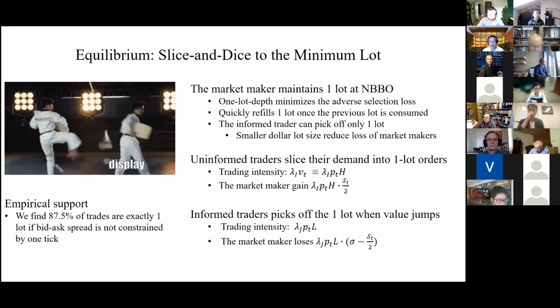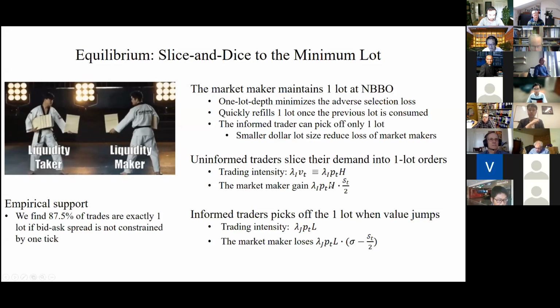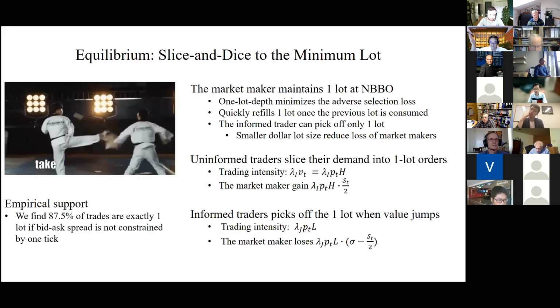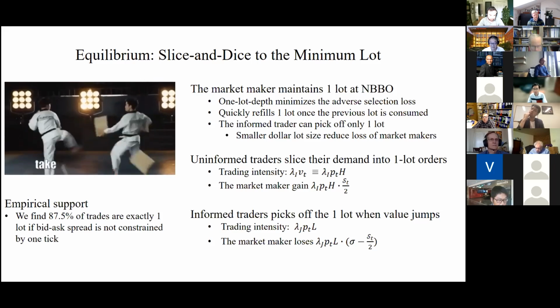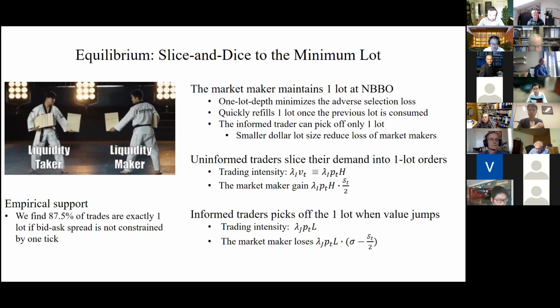When an uninformed trader arrives, the market maker is happy because the market maker makes money. The informed trader, when there's a value jump and they have an information advantage, adversely selects the market maker. But if you reduce the lot size, the market maker's loss becomes smaller.